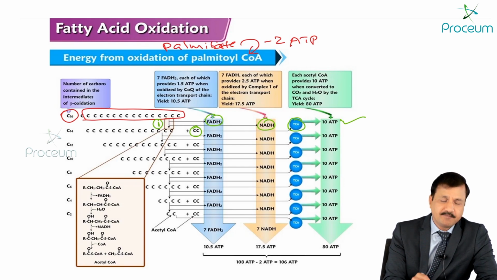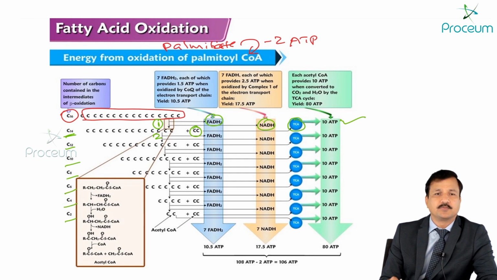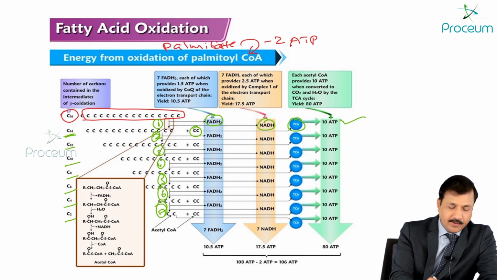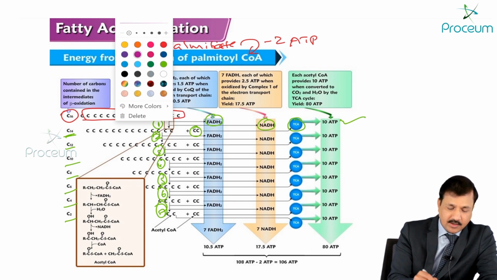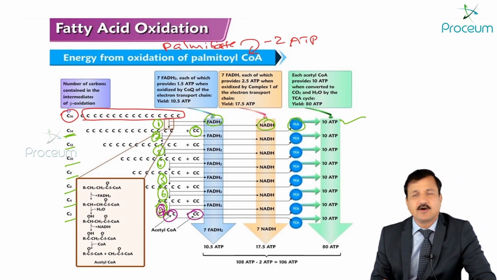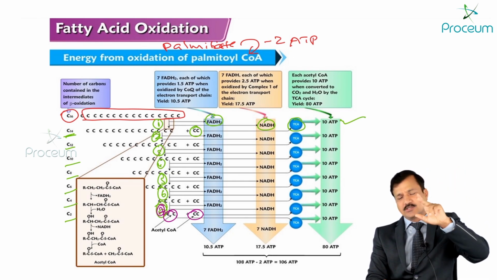Now, 16 carbon is converted to 14 carbon, going into the second beta oxidation spiral, like that 14 to 12, 12 to 10, 10 to 8, 8 to 6, 6 to 4, and 4 to 2. So number 1, 2, 3, 4, 5, 6 and 7. 7 spirals will be going on. The point here is that in the 7th spiral of beta oxidation, 2 acetyl-CoAs will be released instead of 1 acetyl-CoA, because in the last spiral 4 carbon gets in and 2 acetyl-CoAs are produced.